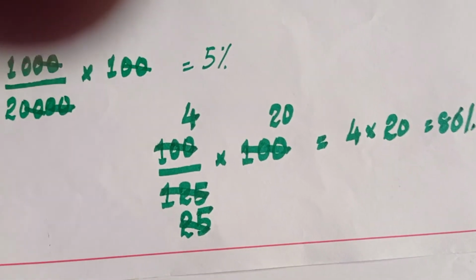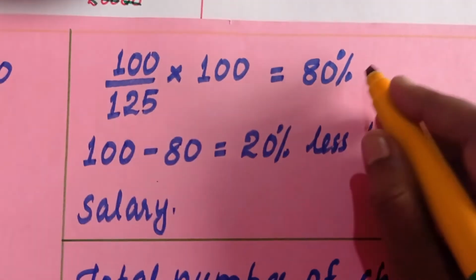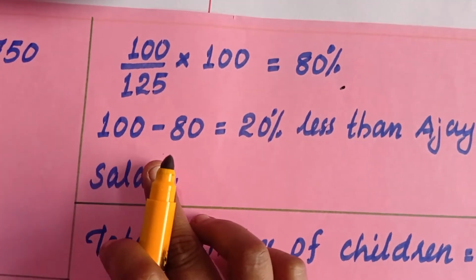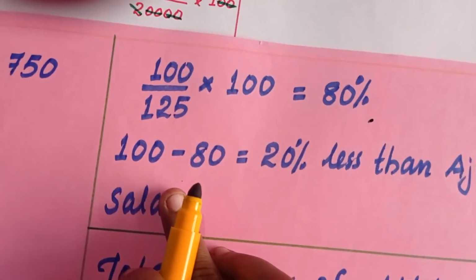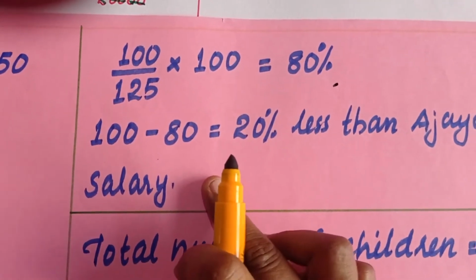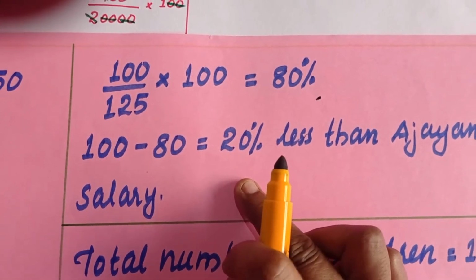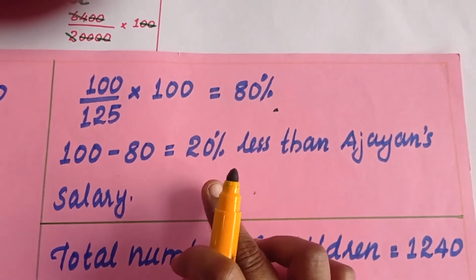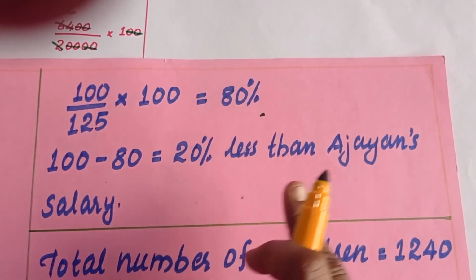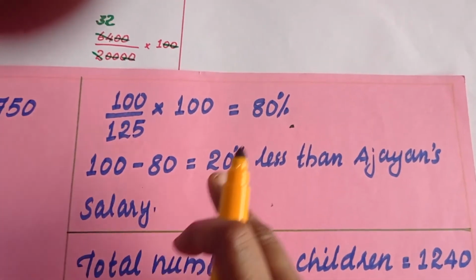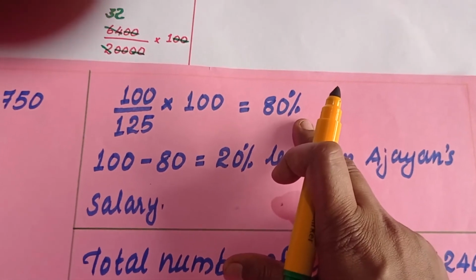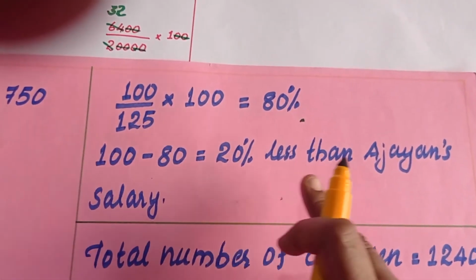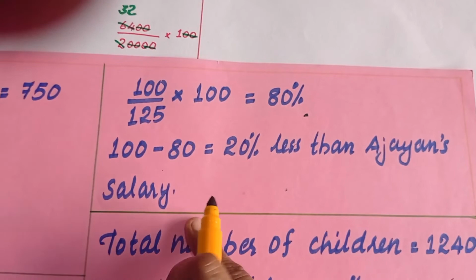So 80% is Vijay's salary. Then 100 minus 80 is equal to 20%. So Vijay's salary is 20% less than Ajay's salary.